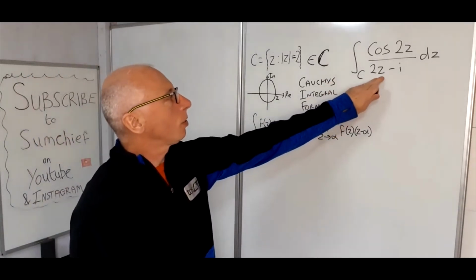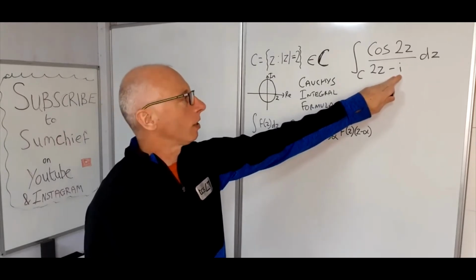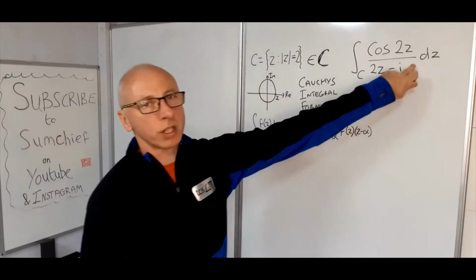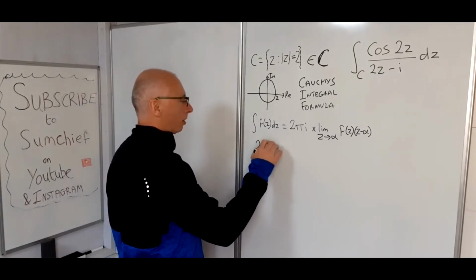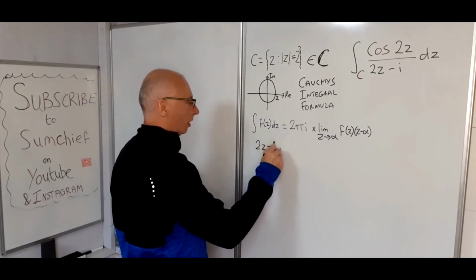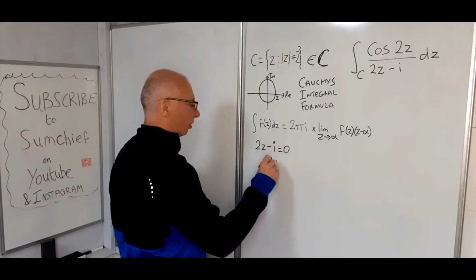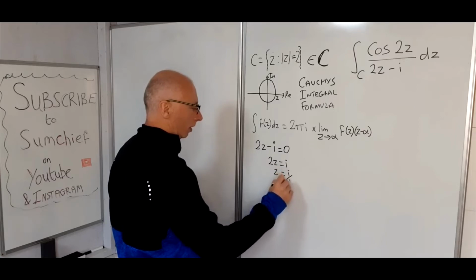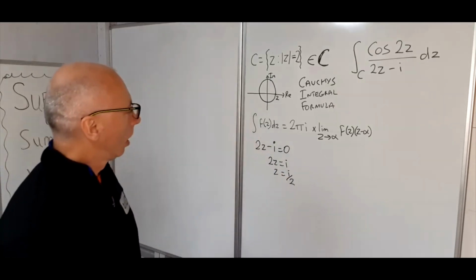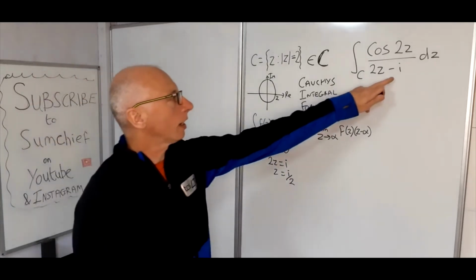2z minus i is the denominator, so when that equals 0, that means we've got a singularity. So let's solve that first. 2z minus i equals 0, that means 2z equals i, z equals i over 2. Okay, so that's our singularity.